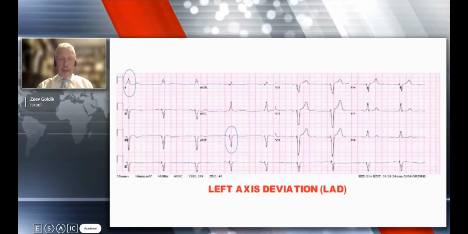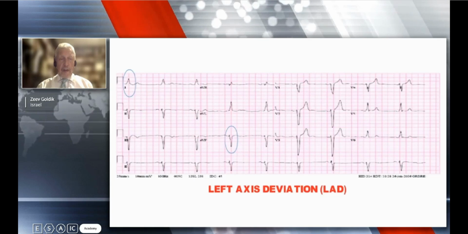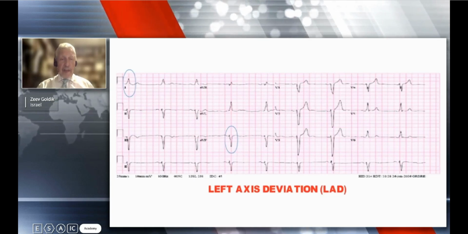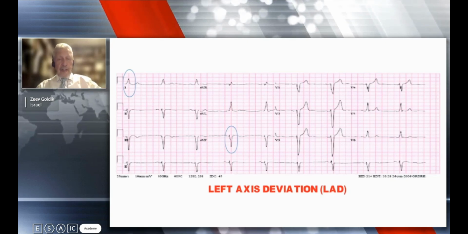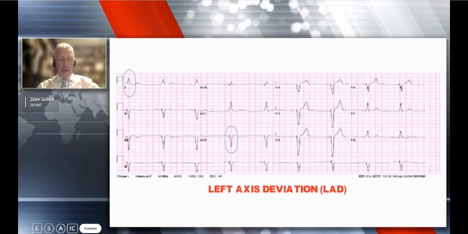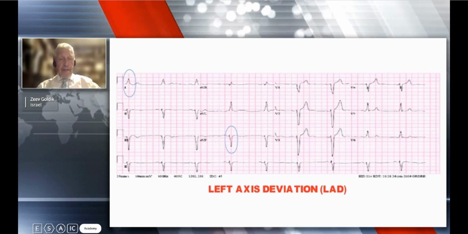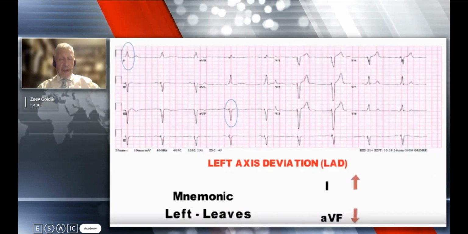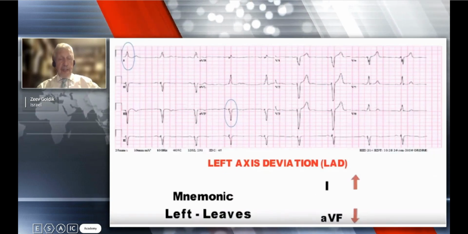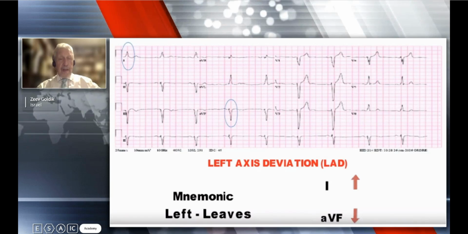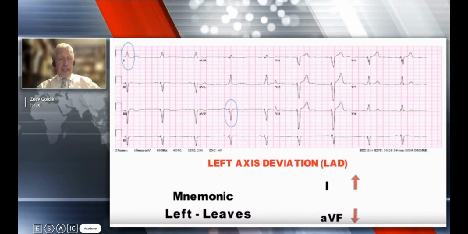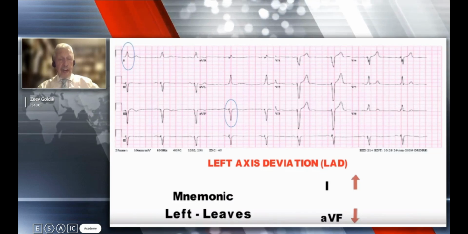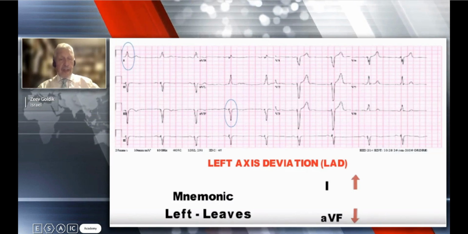If it's different, you can see that here in 1 it's positive, but in AVF it's negative. So I have a mnemonic rule: if they are leaving each other, left leaves. That means if the QRS complexes are going in the opposite direction, they are leaving each other, left leaves. This is a left axis deviation.